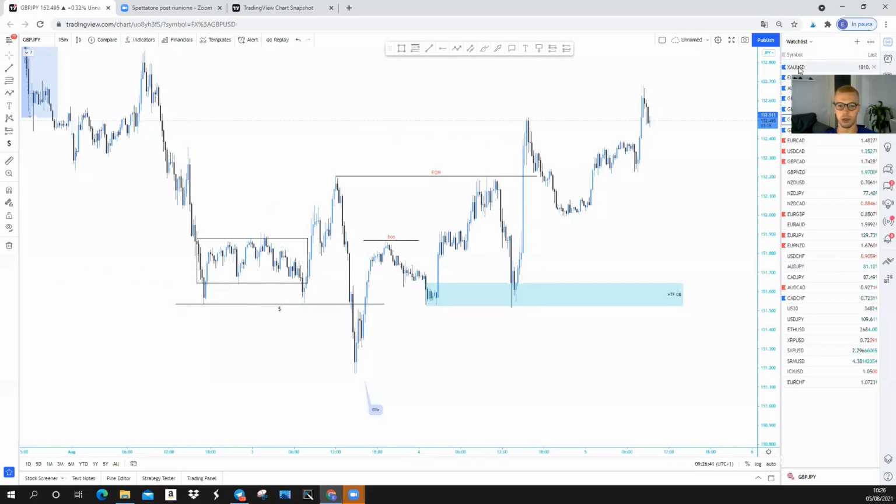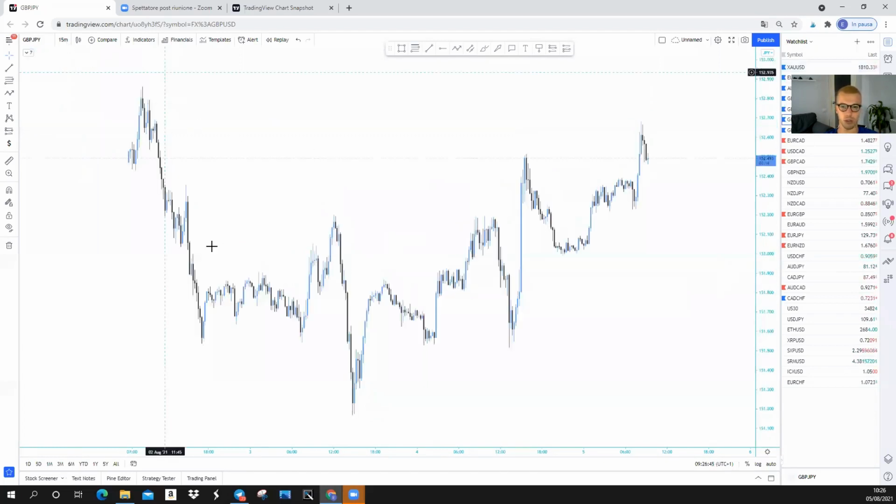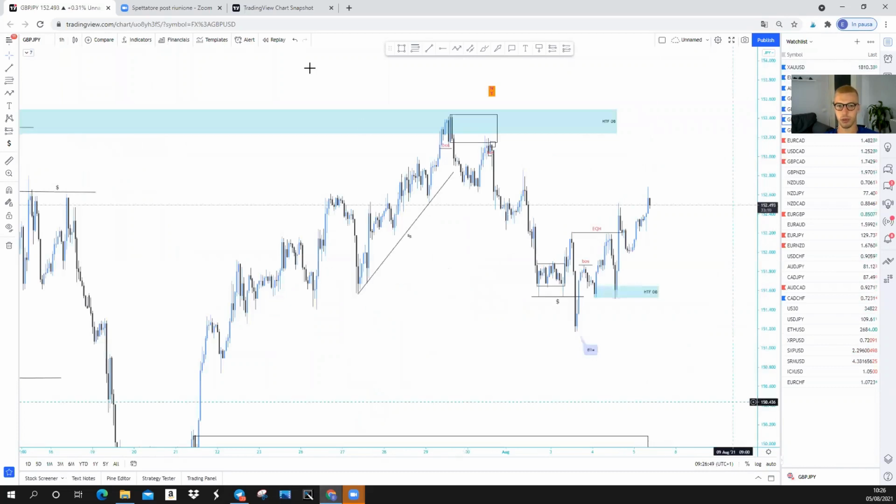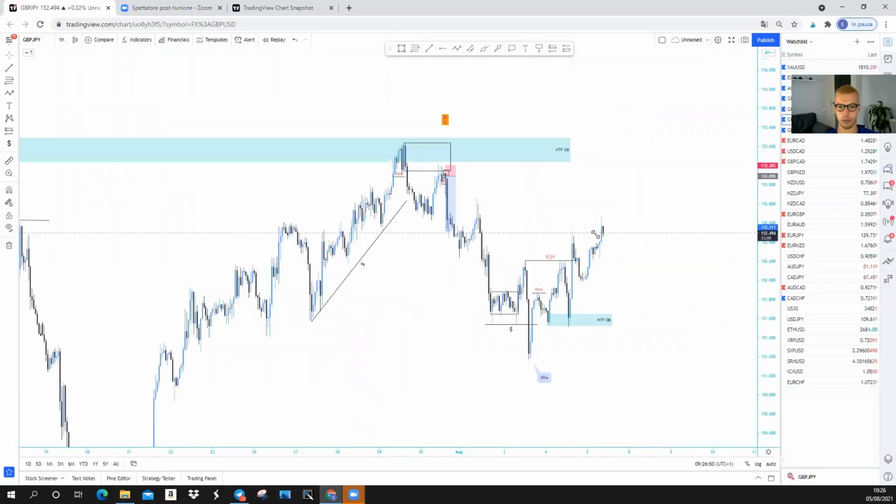Let's go back to gold. Oh, JPY right now, 1 sec. Since I'm overall bearish, we have this supply, and we might consider trades from this supply on lower time frames.